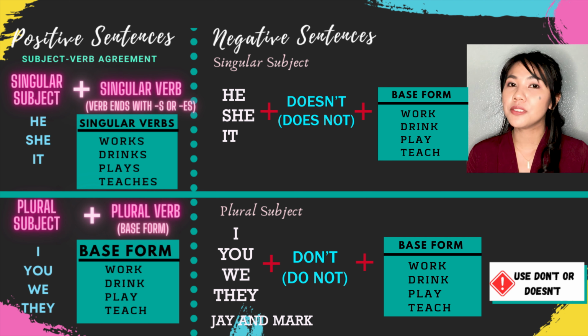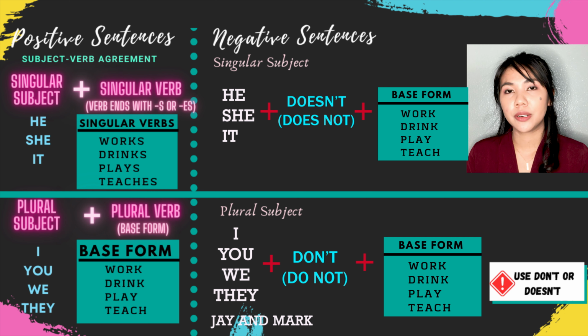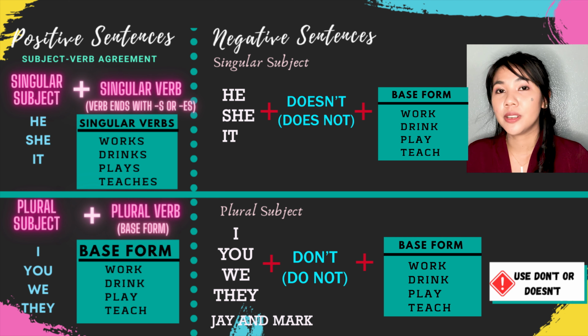In negative sentences, we will only use the base form for both plural subjects and singular subjects. Don't forget to use don't plus the base form of the verb for plural subjects and for the pronouns I, you, we, and they. And we use doesn't plus the base form of the verb for singular subjects and pronouns he, she, and it.